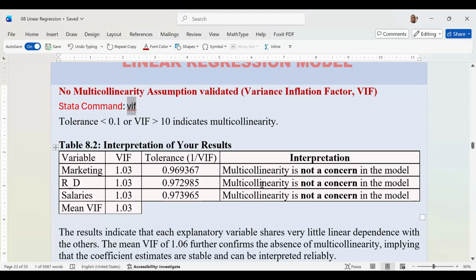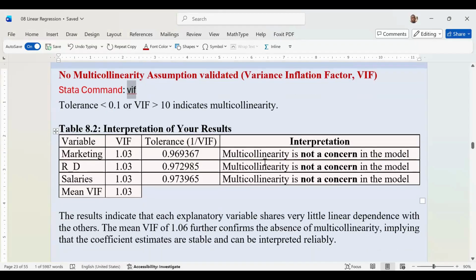VIF means variance inflation factor. Please, have you issued a command for VIF? Yes. That will give you this.